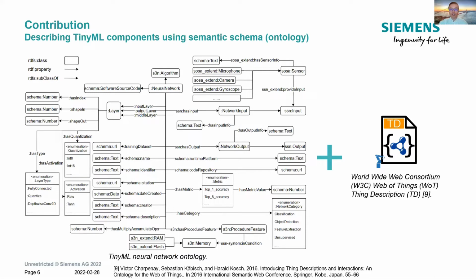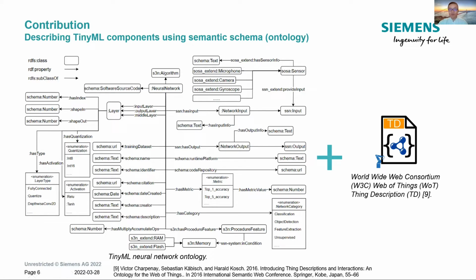To address the challenges that I mentioned above, we leverage semantic web technologies to achieve scaled management of tinyML. First, we introduced an ontology for describing neural network models in the context of tinyML, as shown at the left side of the figure. You can think of this as a semantic schema or information model for presenting neural networks. For instance, their metadata, their structures, their sensor requirement, and their hardware specifications.